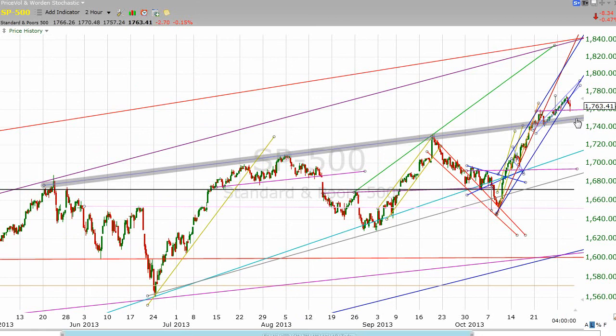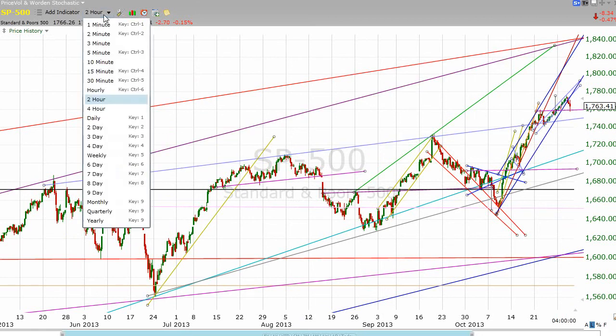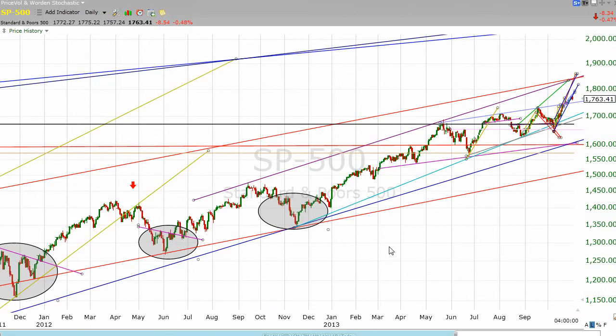We have not hit any of the long-term resistance lines that have been in this chart for a while. We've got this red one here, and we've got this purple one right here. We haven't gotten really close to any of those yet.